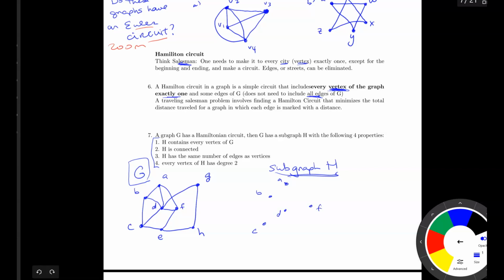So I need to get to every one of the cities. It's connected. Okay, so connected means I should be able to get from any vertex to another. Has the same number of edges as vertices. So 1, 2, 3, 4, 5, 6, 7, 8. So it should have 8 edges. And every vertex has degree 2.